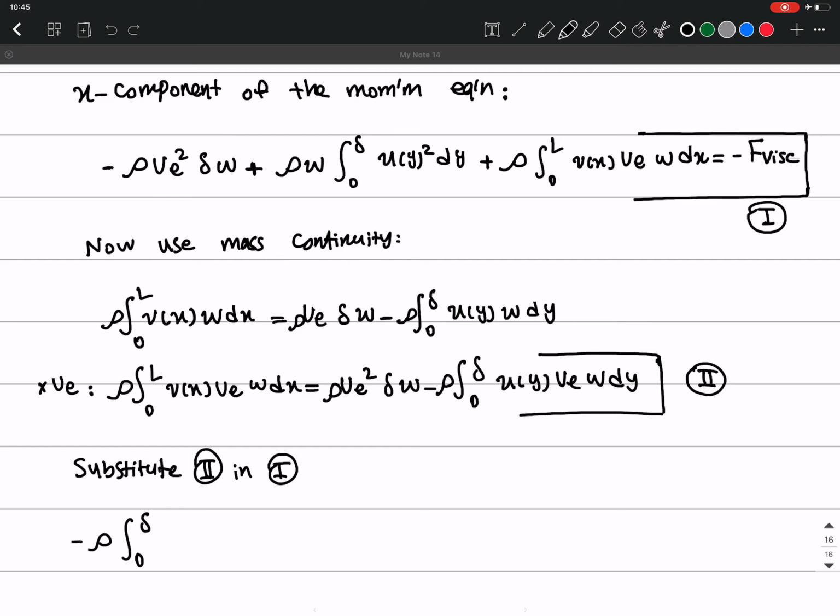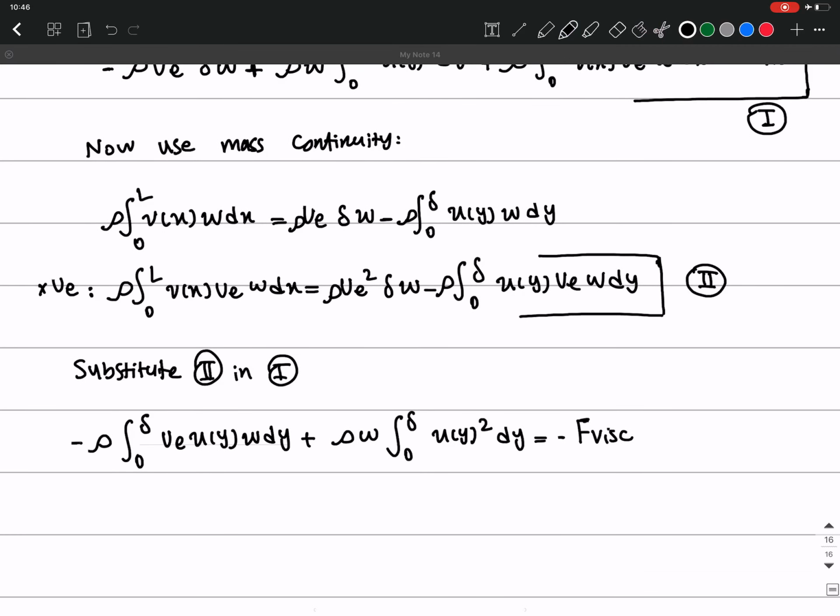And we are only left with this term and this term. So minus rho times the integral from 0 to delta of UE Uy W dy plus rho W, the integral from 0 to delta of Uy square dy equals to minus F viscosity.